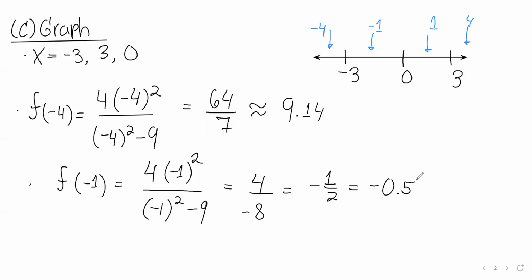Perfect. Next, we know f of positive 1 should look just the same. That's going to give us a negative 1/2 again. And likewise, f of positive 4 is going to give us 9.14 again.